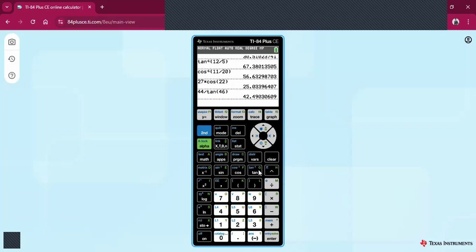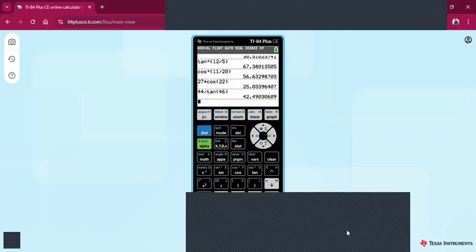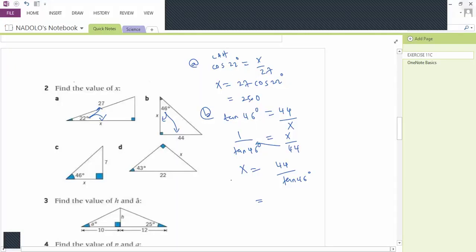We are getting 42.49, to three significant figures is 42.5. X is 42.5, not degrees, because it's length. 42.5, no units, so we can just leave it at that.